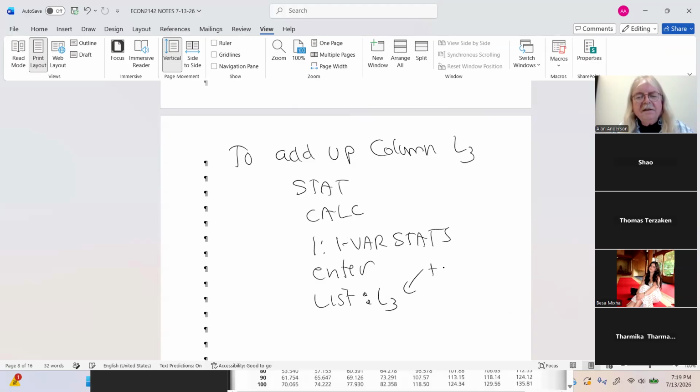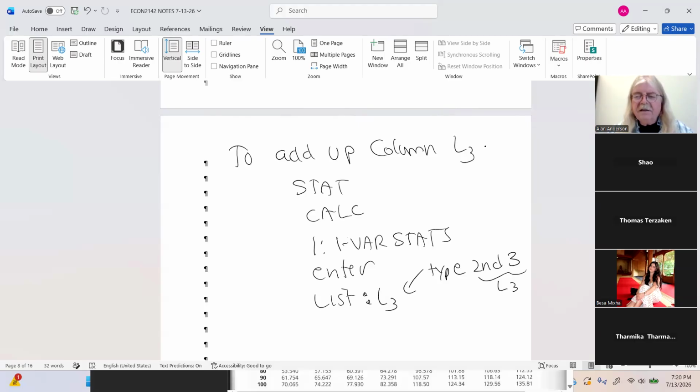This means type second, comma, not second comma, second three, because this is equivalent to L3. All right, so if you notice, if you look at the keys, the second function of 1 through 9, they're all lists.